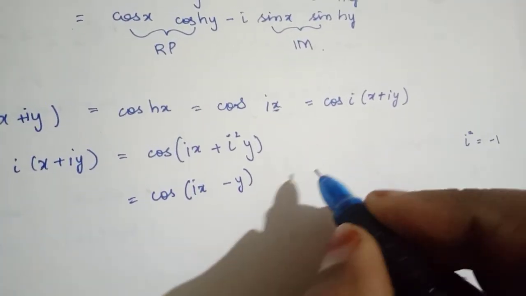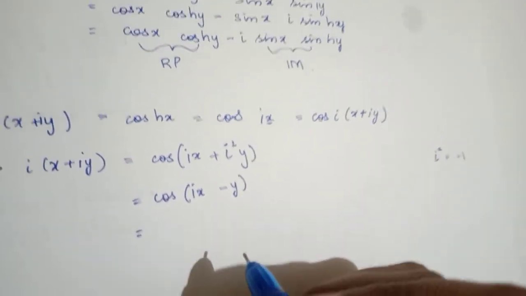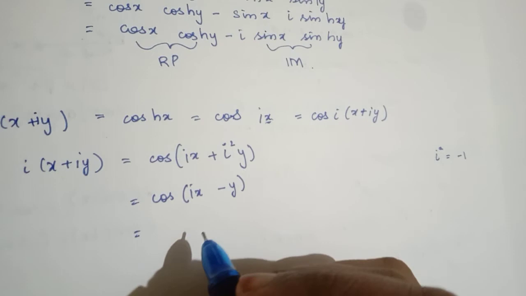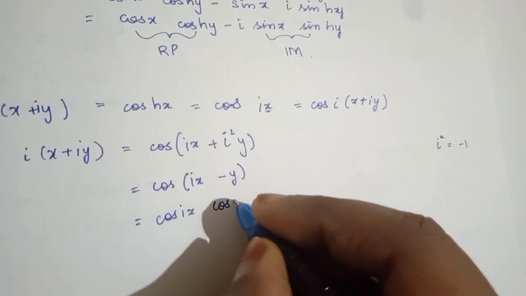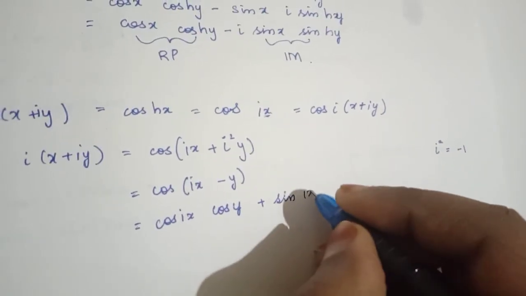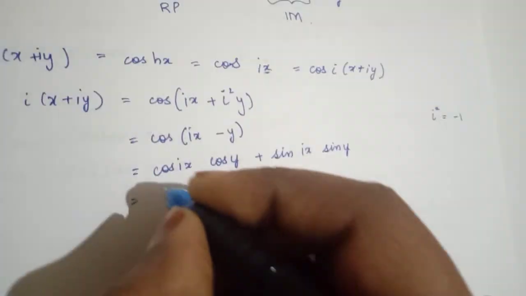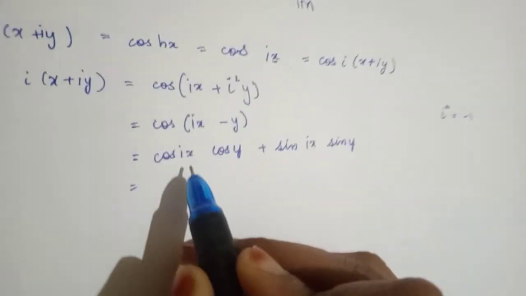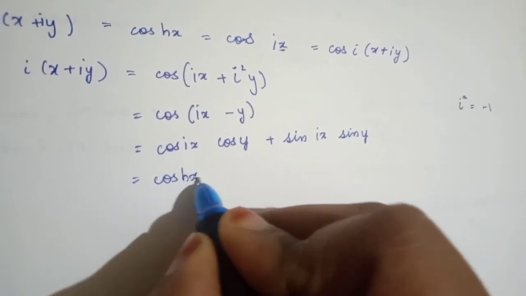Simplify this using the formula. So that will be cos ix cos y plus sin ix sin y. Since it is imaginary here, cos ix, you are going to write cosh x.